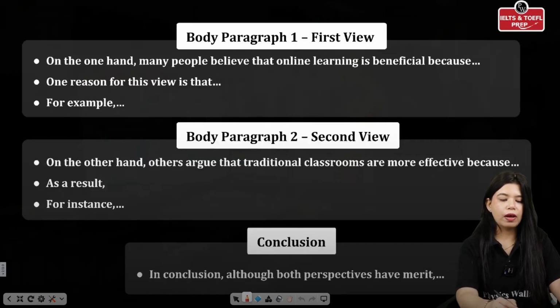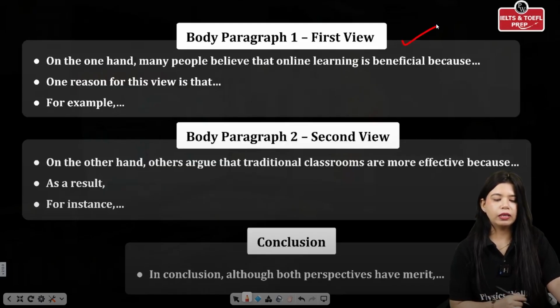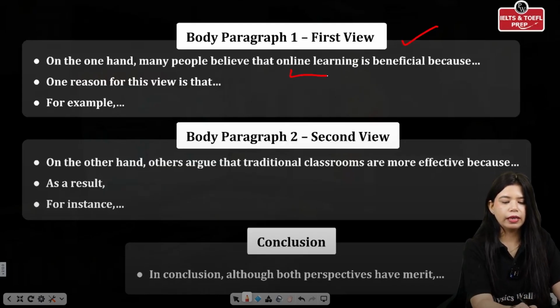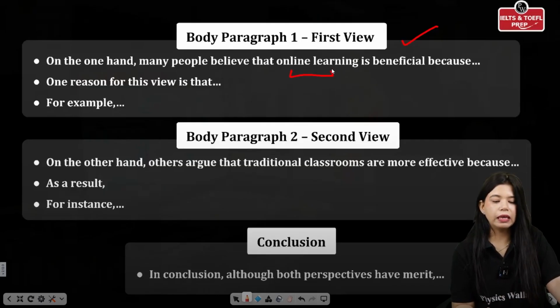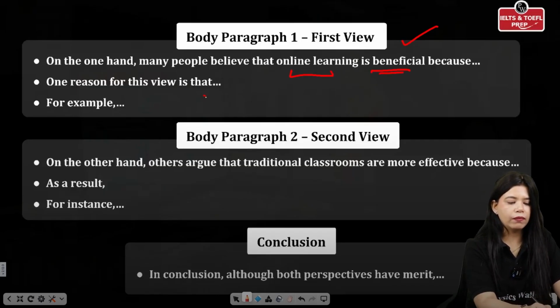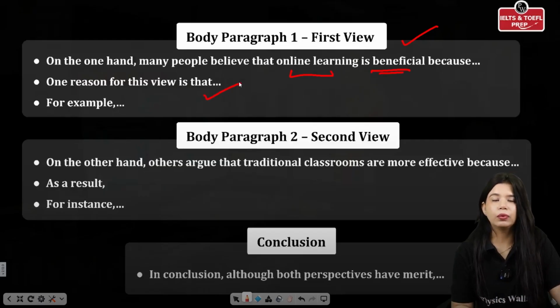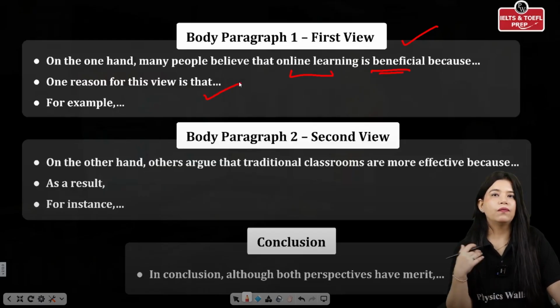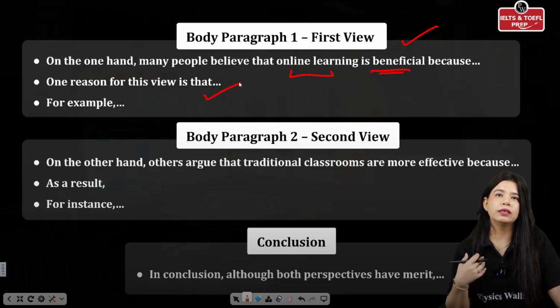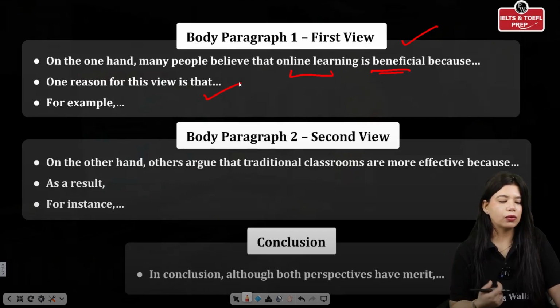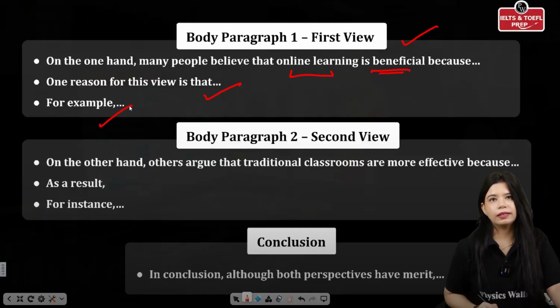Body paragraph 1, you take the first viewpoint given in the question, which is online learning. You explain it, that why exactly some people think that it is beneficial. Give a reason, explain that reason properly. For explanation, use result, reasons, impacts, use all that, and then give a relevant example.